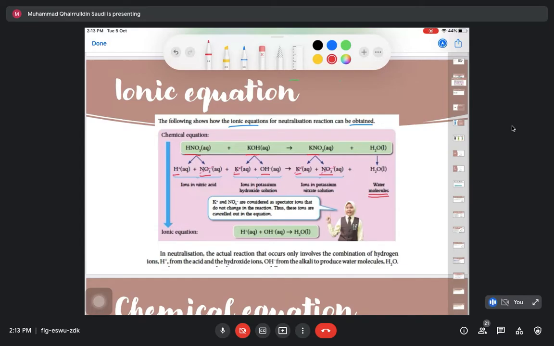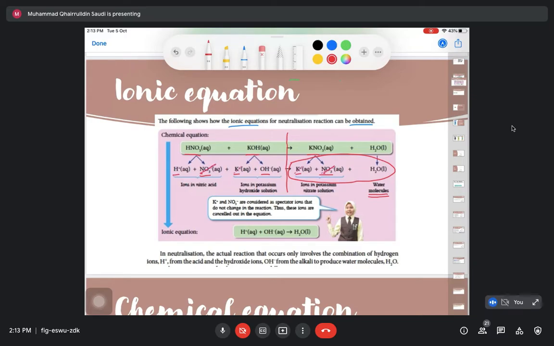So what happens then? We now cancel out the things that we find on the left and on the right. We can find hydrogen ions on the left, but we cannot find hydrogen ions on the right. We can find nitrate ions on the left, and also on the right, so we cancel out nitrate ions.